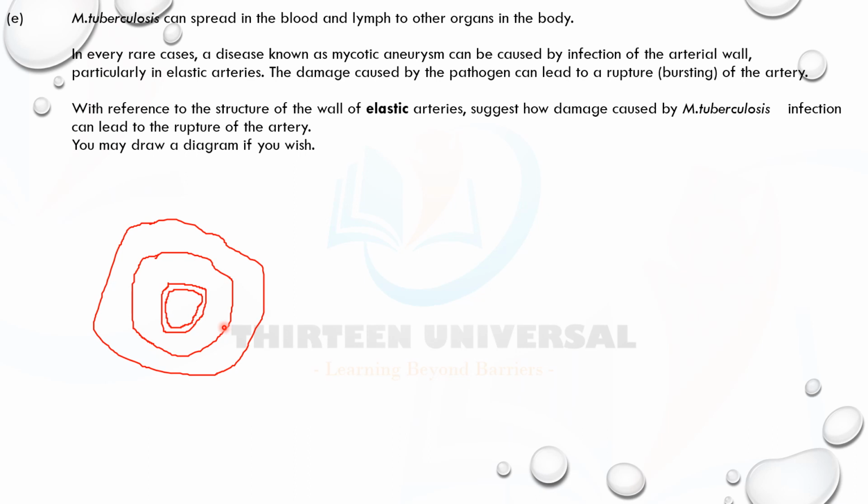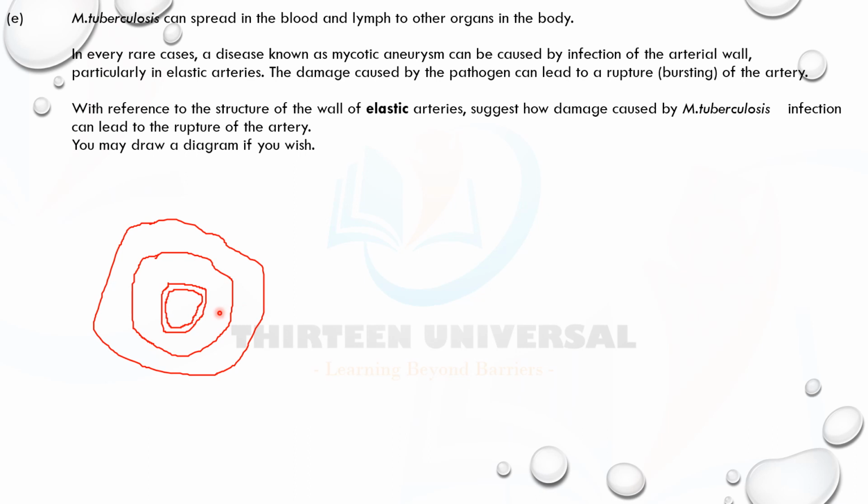So remember what they told us here. The question says, with reference to the structure of the wall of elastic arteries, suggest how damage caused by tuberculosis infection can lead to the rupture. If you remember the function, when the collagen or elastic fibers are digested or destroyed by the pathogen, remember that collagen offers strength and support.